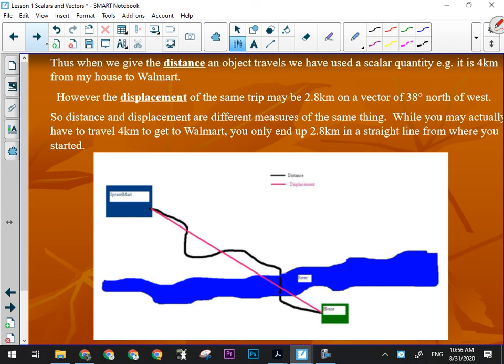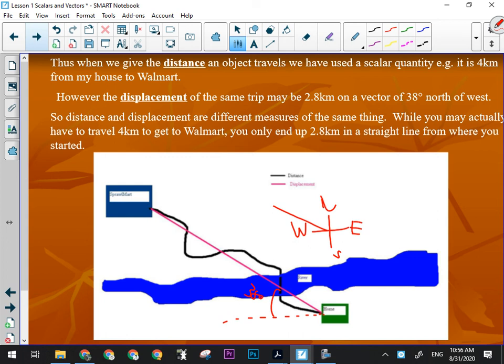Now, where do I get that measurement from? Well, if I have a compass on here, I'm going this direction, right? According to the purple line. So this is due west. This is 38 degrees north of west.